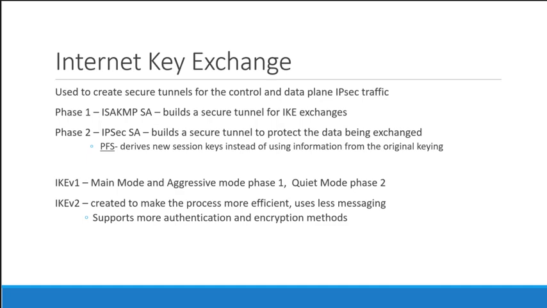That means that, if they've been compromised, we get new key information, which means we're not further compromised. So it's a good thing to enable. It is optional because it requires additional Diffie-Hellman exchanges or processing.